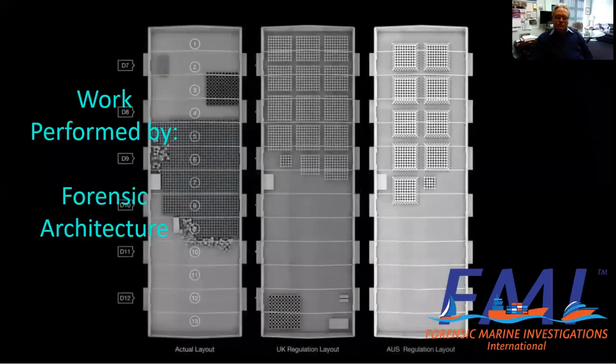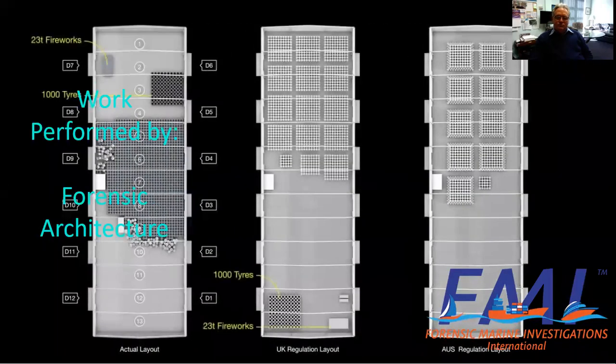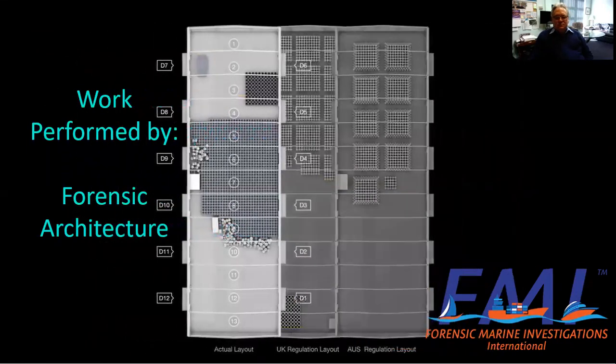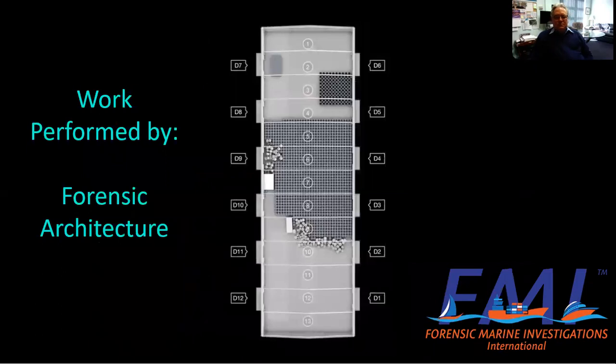All these regulations prohibit the storage of combustible or explosive materials, such as tyres or fireworks, in proximity to ammonium nitrate. This fact highlights the substantial and sustained state negligence which led to the formulation of a makeshift bomb.